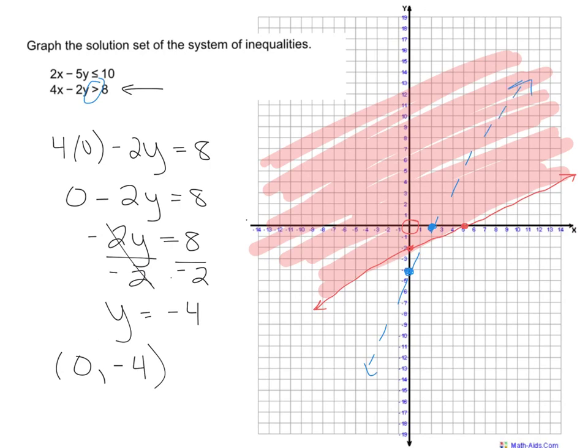To complete graphing this inequality, we need to figure out if it's shaded above or to the left of the dotted line, or below or to the right of the dotted line. So we're either going to shade over here, or we're going to shade down below here.